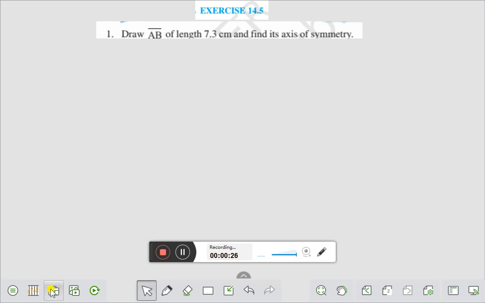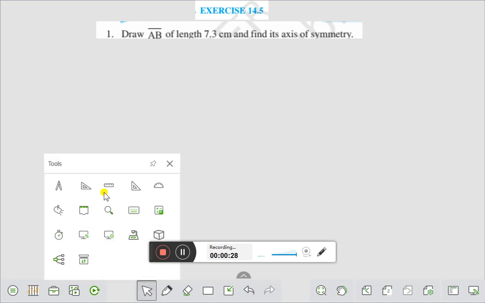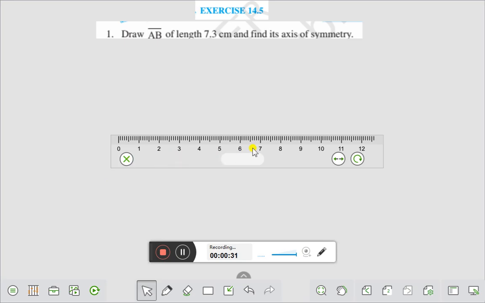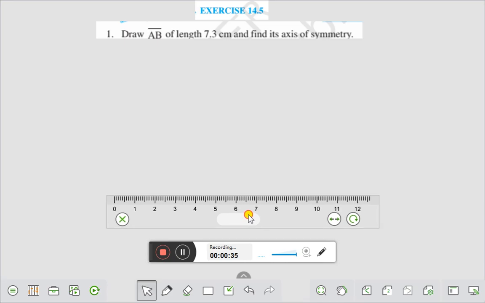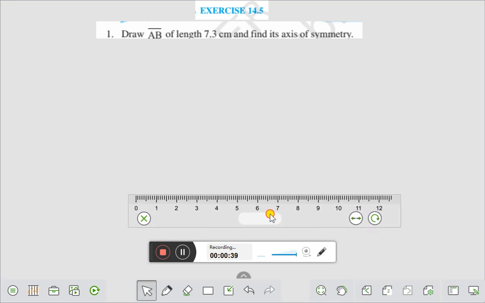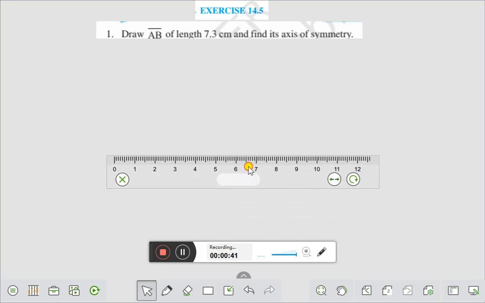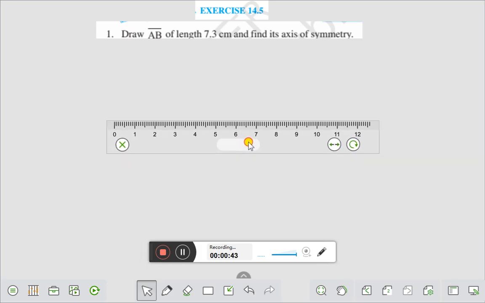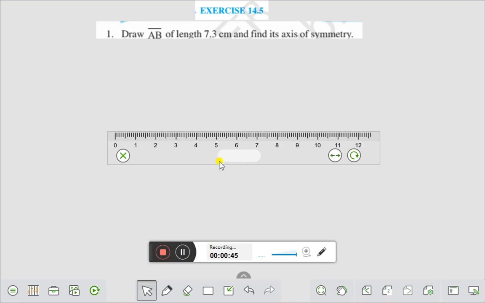First of all, let us take a ruler. Here is the ruler, right? We have taken a ruler. We will draw AB of length 7.3 centimeter, right? Here we will draw 7.3 centimeter.